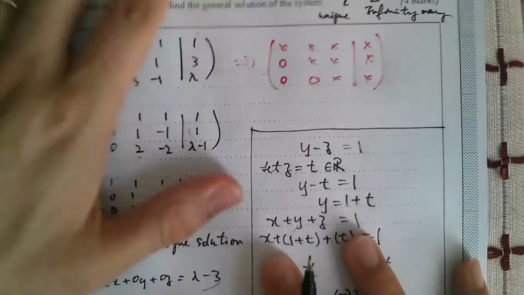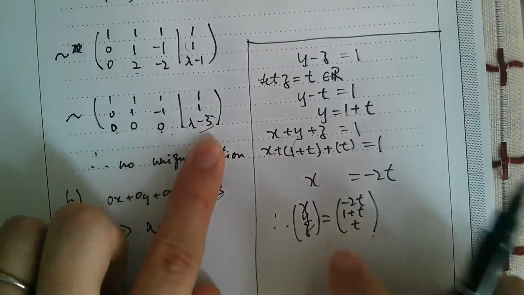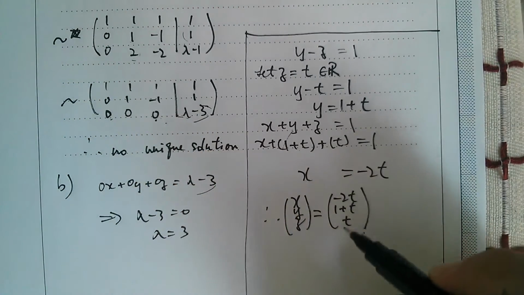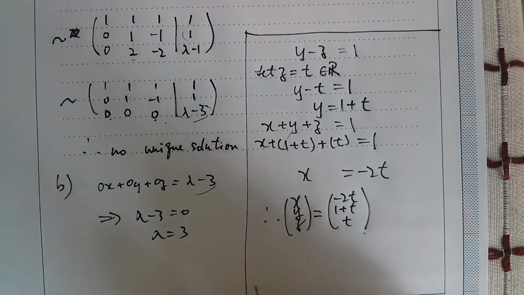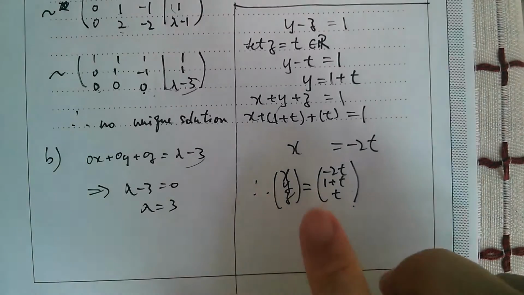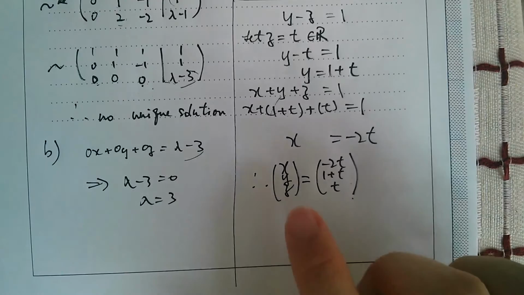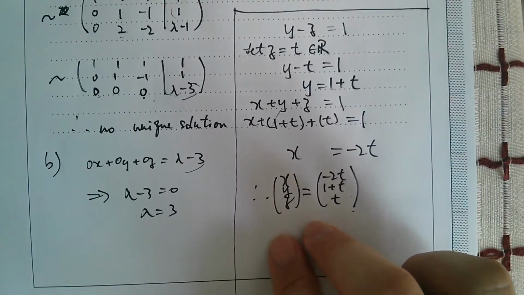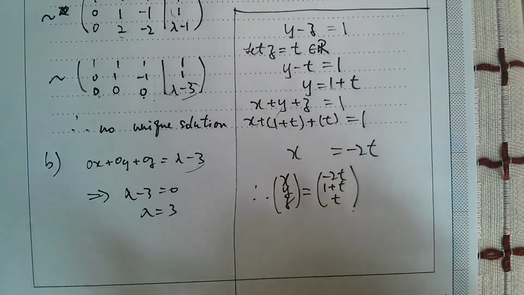Whatever solution fits this system, after we take lambda to be 3, would be of this form. And you can see that there are infinitely many because t could be anything. And if you're good at vectors, you will see that this is actually an equation of a straight line. So all of the solutions fit a straight line in three-dimensional space.